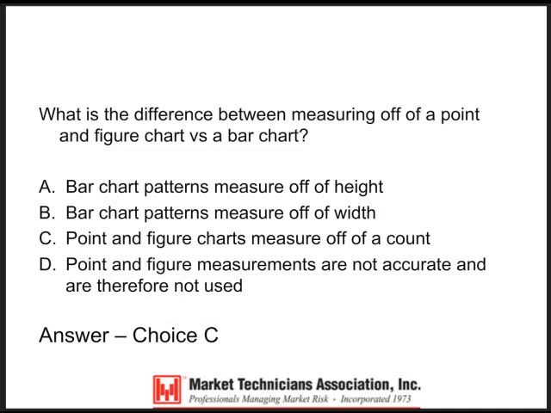What's the difference between measuring off a point and figure chart and a bar chart? For this one, you need to know how things are measured on bar charts, really, because point and figure charts, we tend to know, measure off of a count.